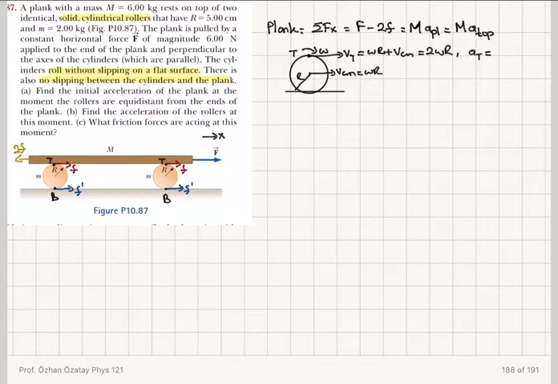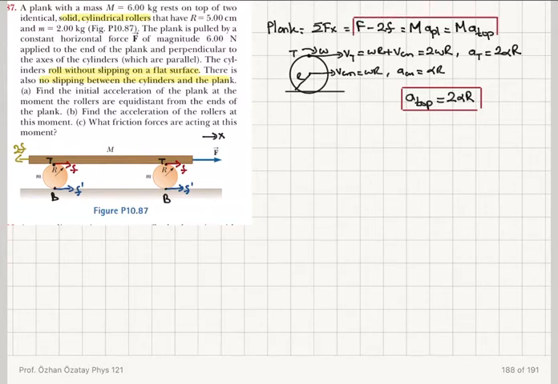Rotation plus translation of the center of mass, it's 2 omega r, and acceleration at the top is 2 alpha r. It's just taking one derivative. Acceleration of the center of mass is alpha r. So what I have called a top here is actually equal to 2 alpha r. So let's keep this in mind. That comes from rolling without slipping.